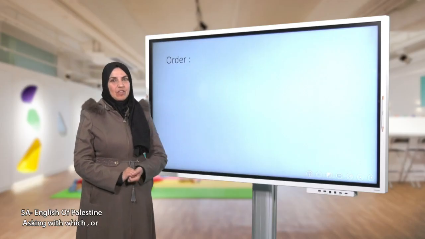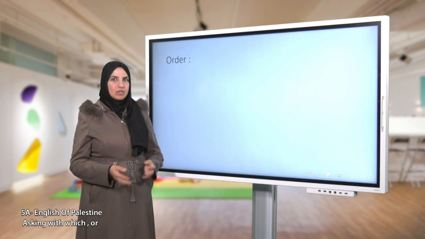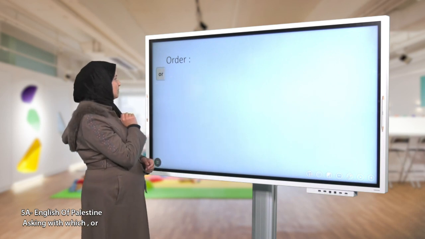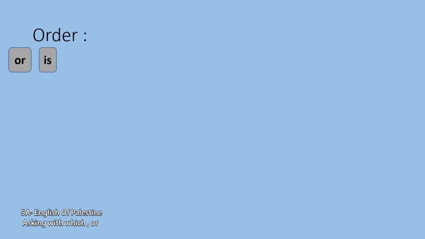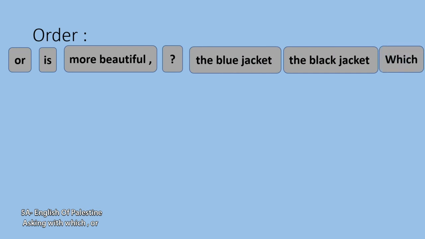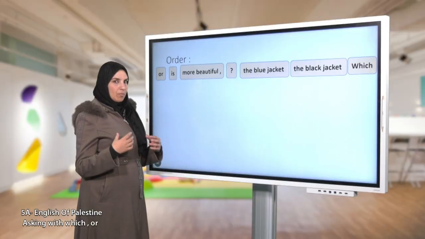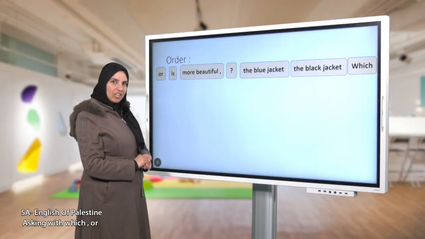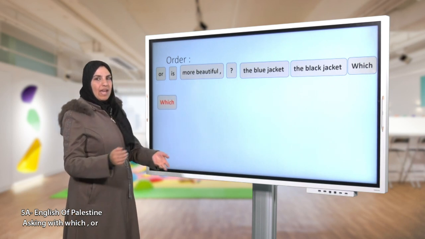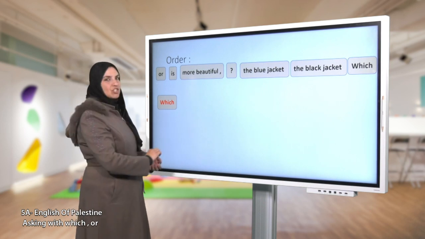Now look at these words and try to order them to make a question using which and or. The words are or, is, more beautiful, question mark, the blue jacket, the black jacket, and which. Remember, what do we use to start our question? Great, we use which. What do we add after which? Which is.